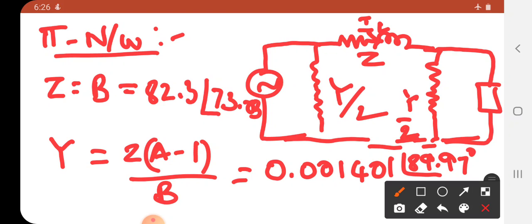This is how we can solve the problem in the case of long transmission lines.